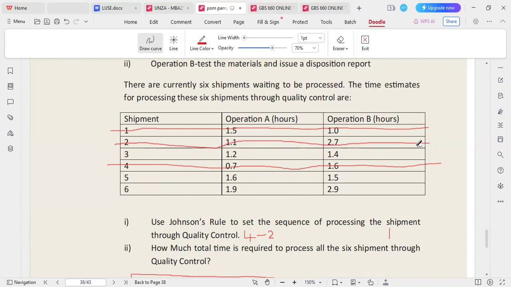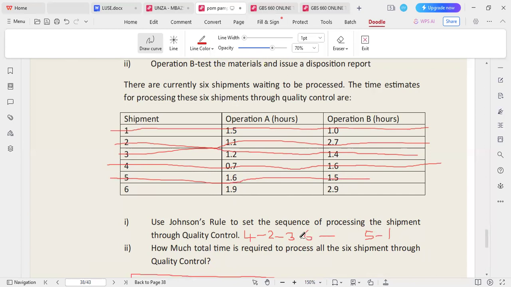Then, getting down to the other ones, the smallest remaining is 1.2. So job 3 would be done here because it is in operation A. Then for the remaining, the shortest time is job 5, so this 5 would be done last because it was in operation B. And then here we have 1.9 of job 6.